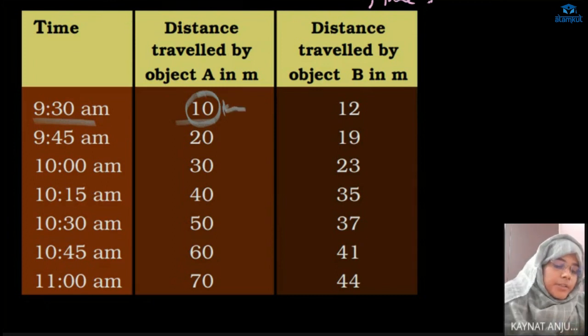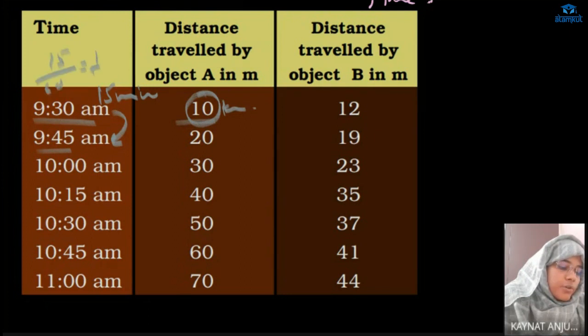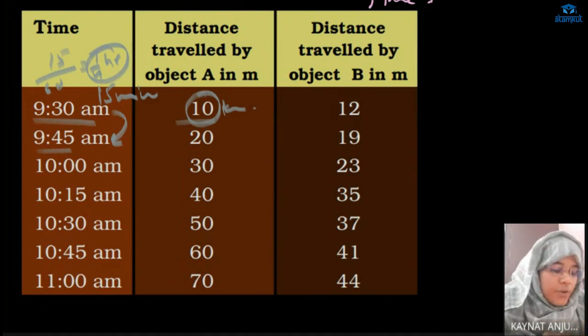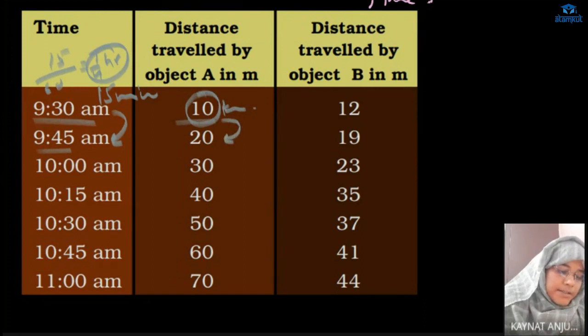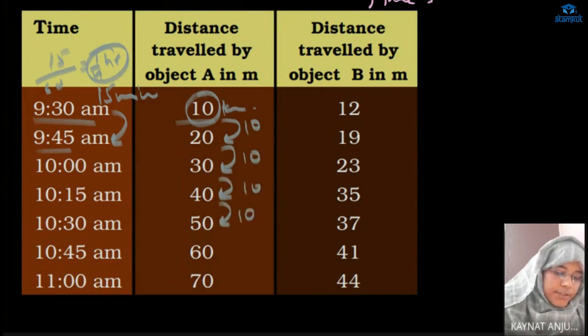Then at 9:45, the time lag is 15 minutes, or 15 by 60, that is 1 by 4 hour. Again the distance covered is 10 kilometers, because 20 minus 10 is 10 kilometers. Again it has covered 10 kilometers, again 10, and then 10.